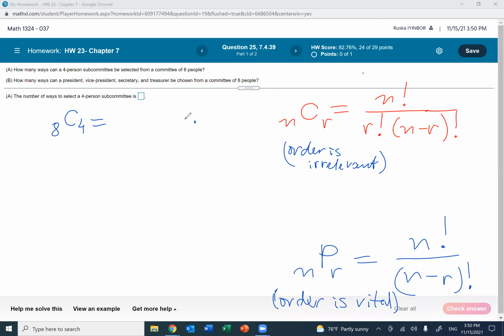We're using the formula for combination. So it's going to be 8 factorial over 4 factorial times 8 minus 4 factorial, which is exactly 4 factorial. And we're going to get the answer from the calculator.